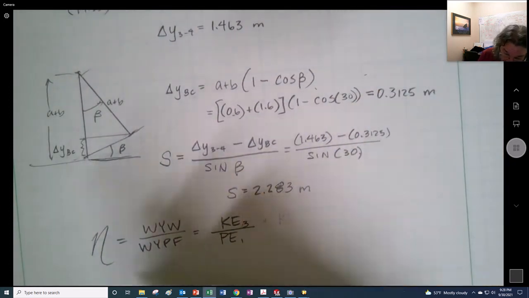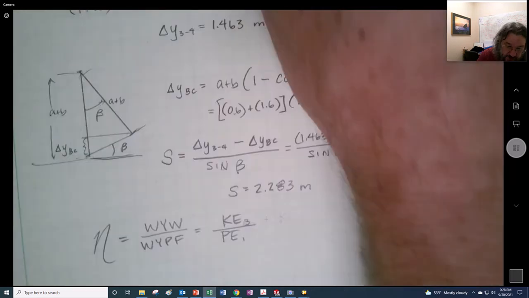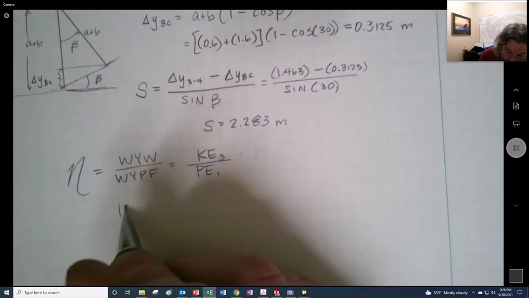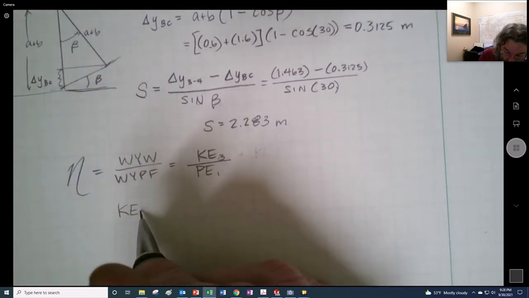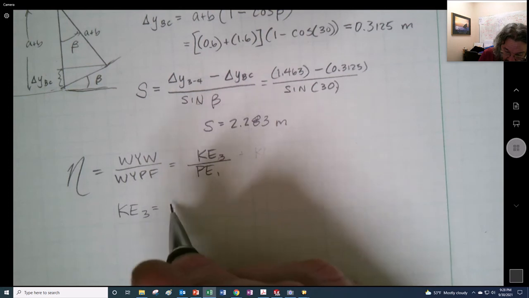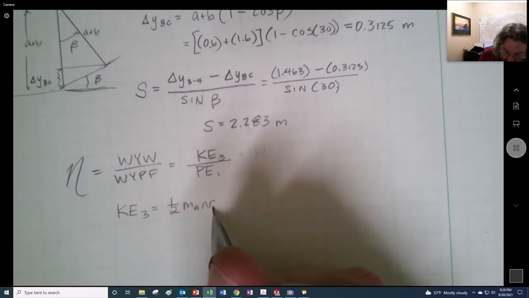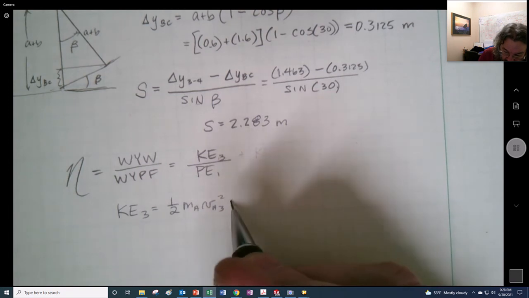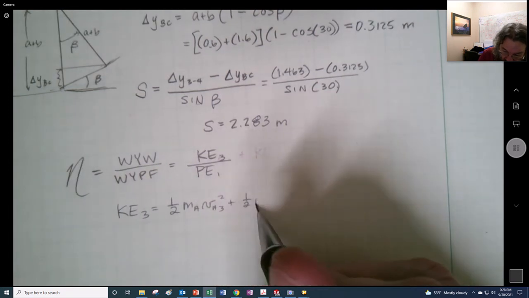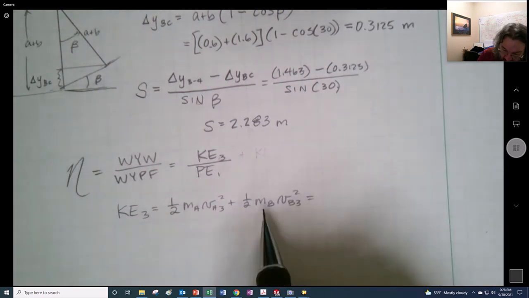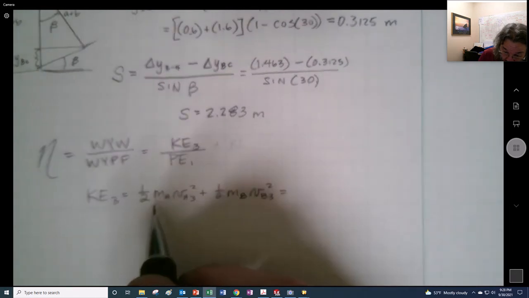So we are going to need more than just this kinetic energy, because this is only of part B, right? So we need kinetic energy of 3, let's say. It's going to be 1/2 MA VA3 squared plus 1/2 MB VB3 squared, right? So we actually already have this, but this one we didn't calculate yet.